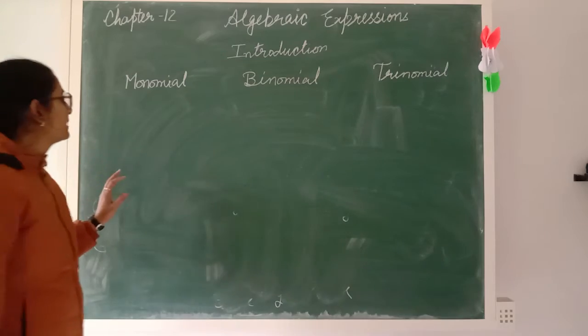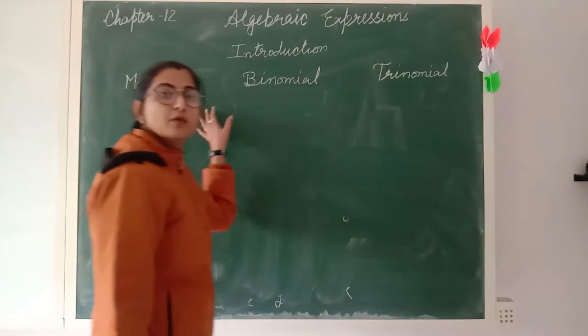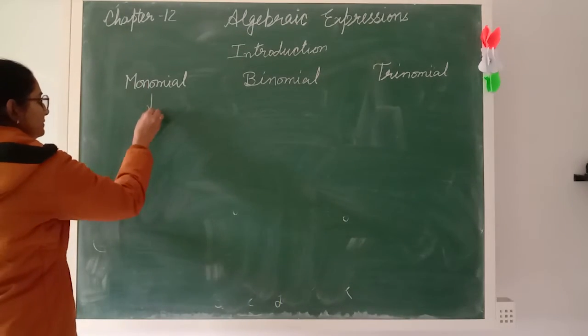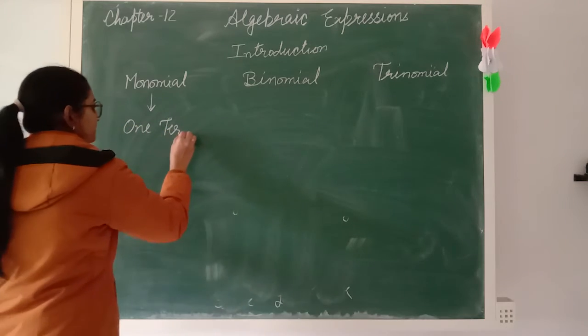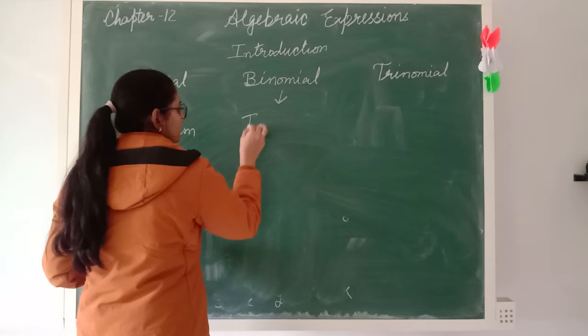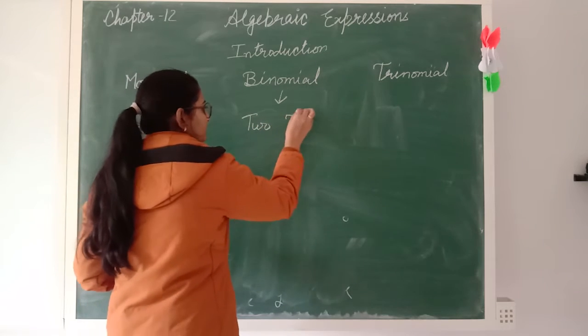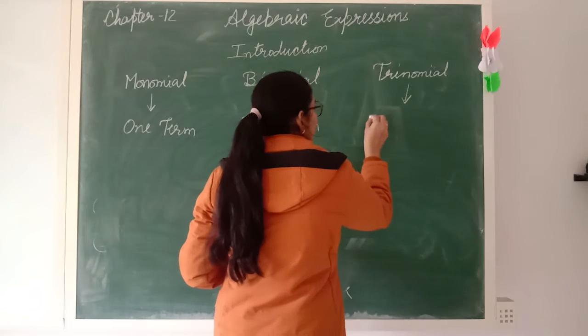So the next topic is about monomial, binomial and trinomial. Monomial means having one term, binomial having two terms, and trinomial having three terms.